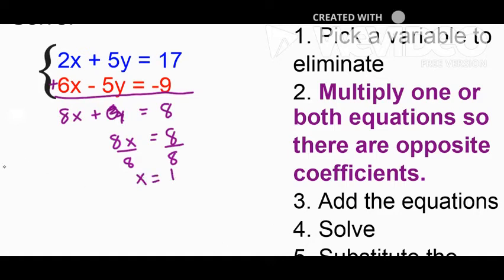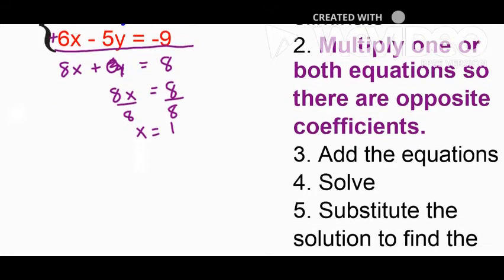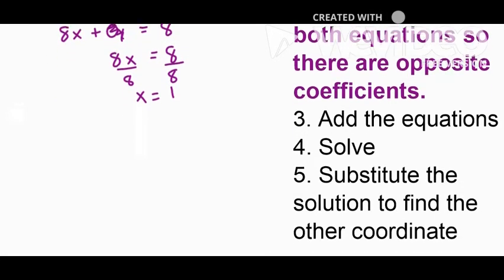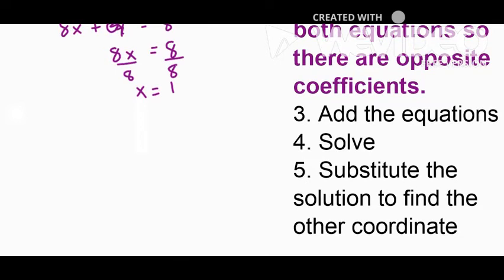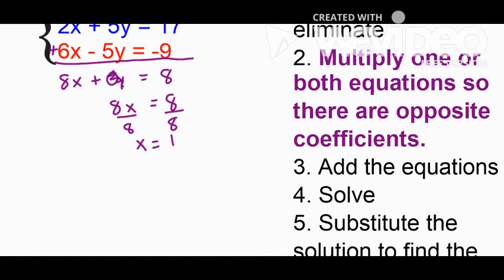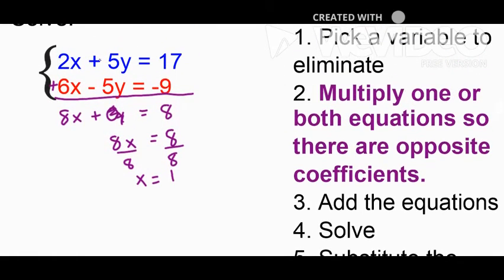That was step 4. Step 5 is to substitute the solution to find the other coordinate. Now just like in substitution, we need to have both an x and a y in order to have a solution. So what I'm going to do is choose either the top or the bottom equation and replace the x with 1. I'm going to use the top equation, so I'll use the blue.